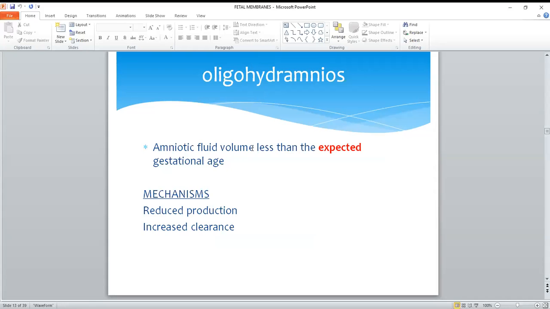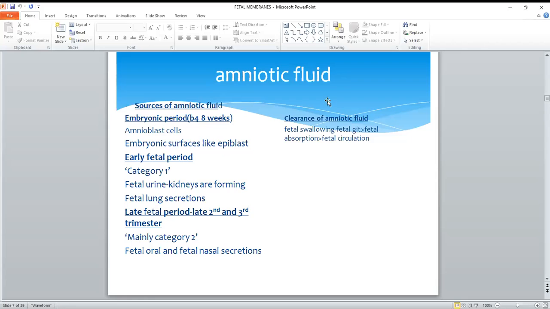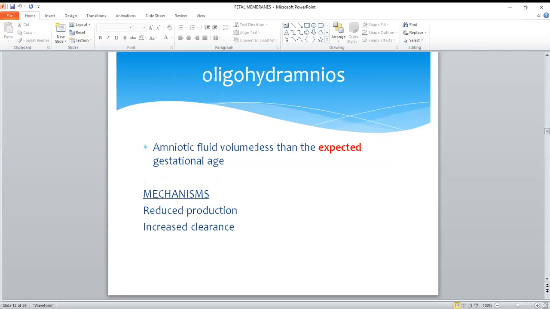We can also have increased clearance; the main method of clearing amniotic fluid is fetal swallowing. So if you have increased clearance or reduced production, you can have oligohydramnios. Oligo is few, and hydramnios, hydra is like water.